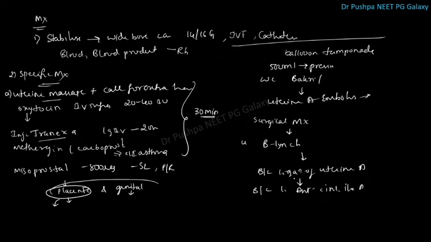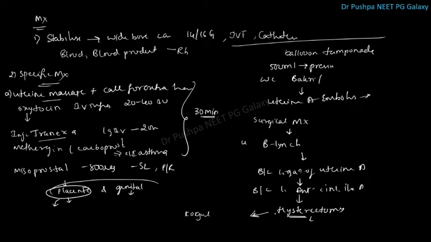If after doing ligation also, bleeding is not stopping and the patient is unstable, we can go for the last resort, that is hysterectomy. We will try to do subtotal hysterectomy, that is supracervical. If bleeding is not stopping, then we have to do total hysterectomy.